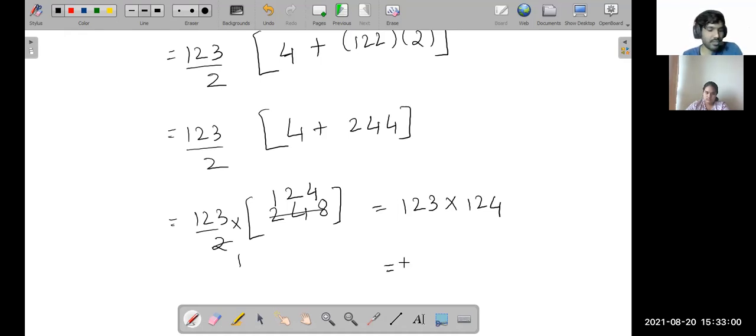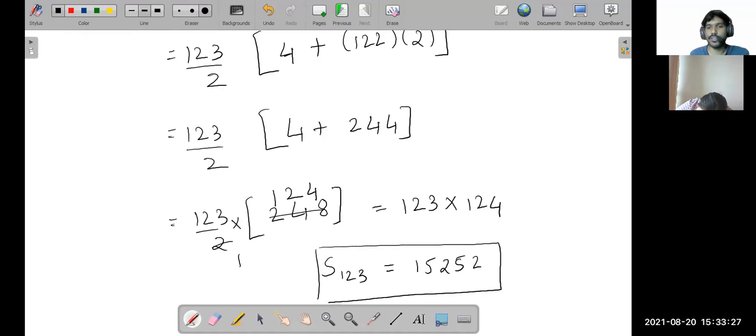So 123 into 124 is 15252. So S123 is 15252. Did you understand the sum?